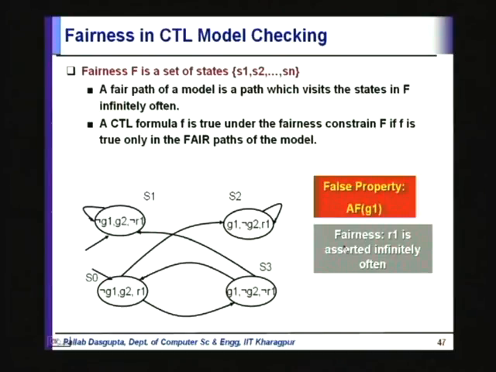So, therefore, let us see what happens if we introduce the fairness constraint which says R1 is asserted infinitely often. Now, when we say that R1 is asserted infinitely often, we see in this R1 is asserted infinitely often, but if you land up in this state, then R1 is not asserted infinitely often, right.